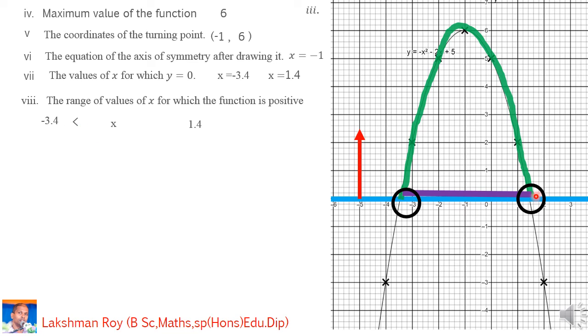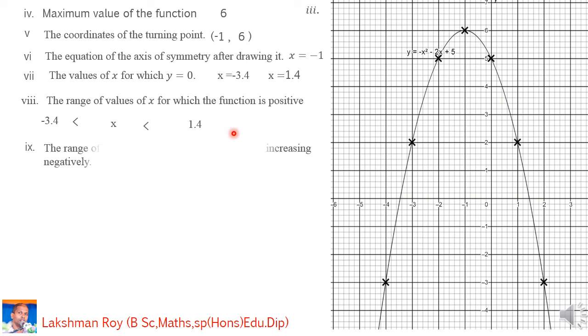Then go to 1.4. 1.4 is this one, so we want these values to be less than 1.4, right? Here less than 1.4, these are the x values we want, so we want to write the range of values of x, right? Understand?